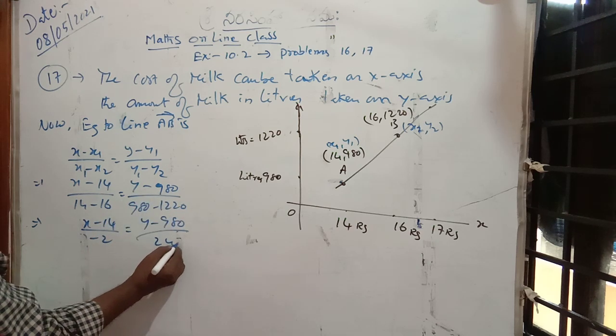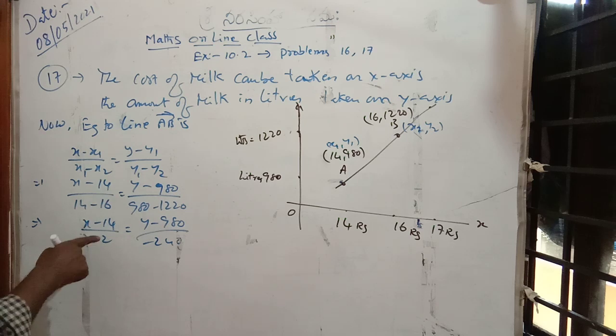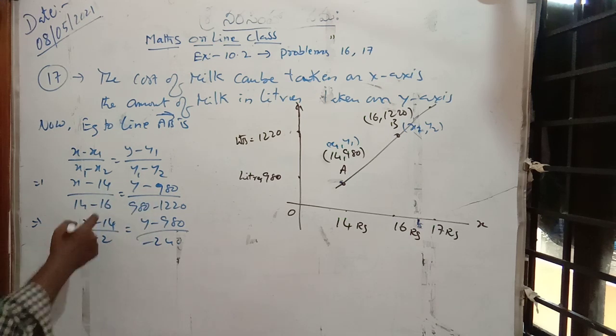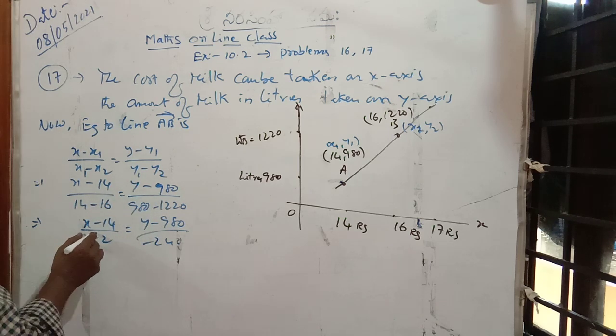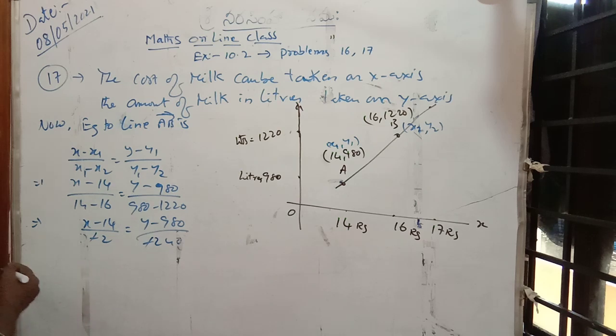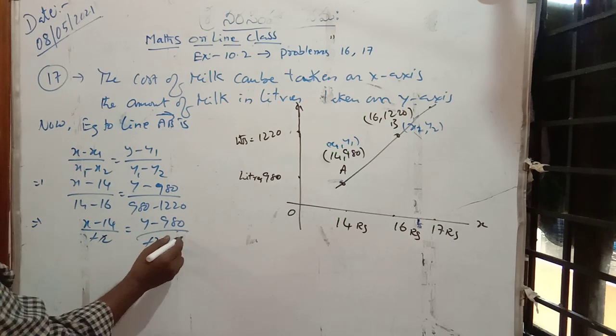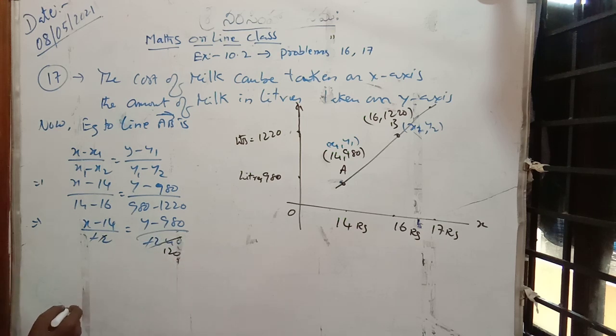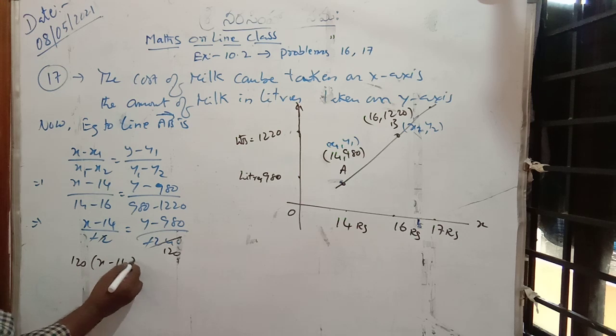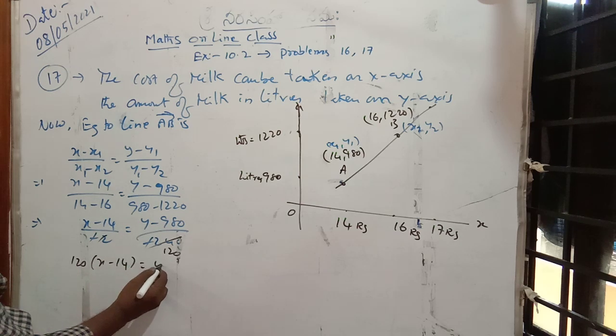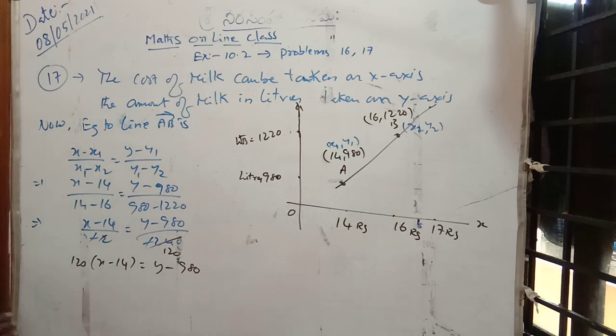That is 240, minus 240, lesser and greater. So minus minus cancels, and 120s, 2 120s. So it is 120 of x minus 14 is equal to y minus 980, which is one equation.